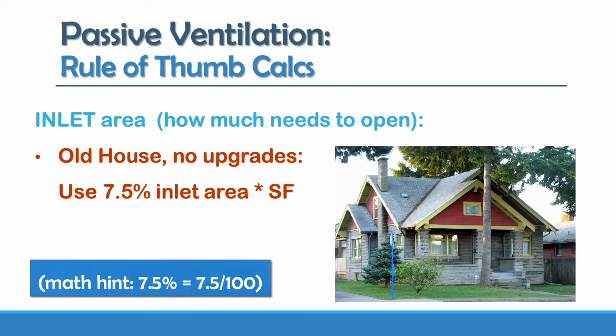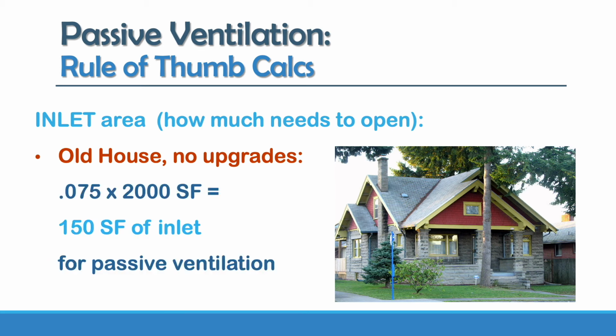For an old house that's had no upgrades, we need a larger inlet area. In this case, we need 7.5% inlet area multiplied by the square foot. If we were using the same square footage as the other houses, 7.5% of 2,000 square feet is 150 square feet of inlet.